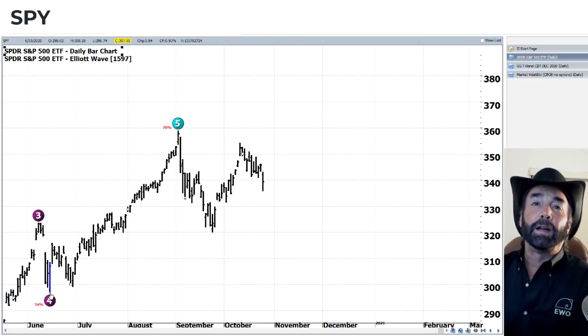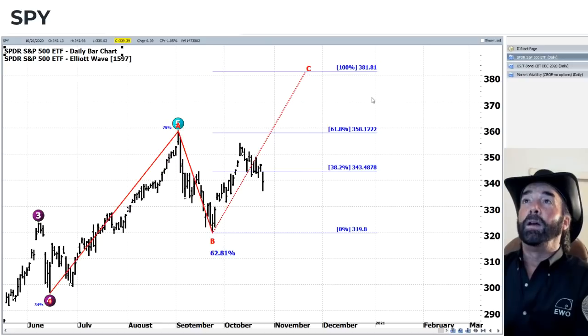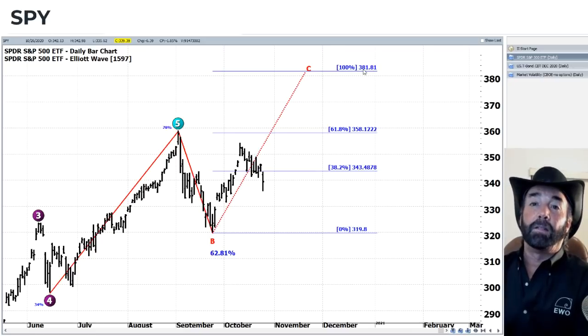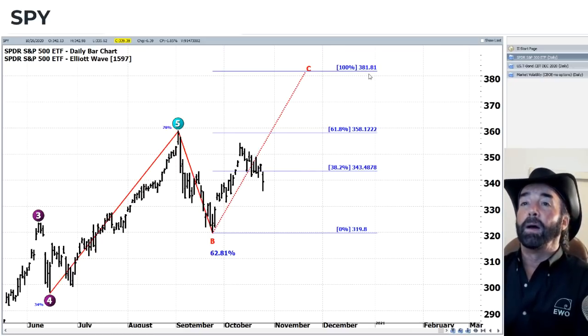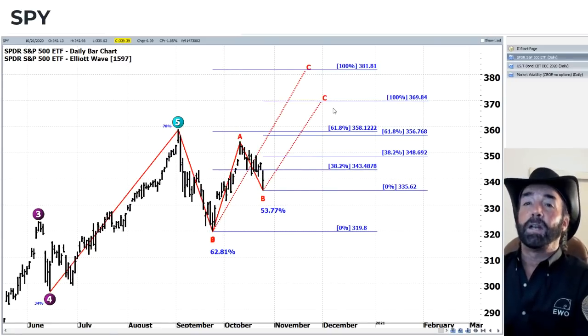It certainly didn't affect this larger zigzag pattern with that classic 61.8% B wave corrective level, and then giving us the C wave extension up to 100% right in that 381 level that we've been talking about. What was affected, however, is the complex C wave in that larger zigzag, where the corrective move in that B wave has come down, but look, right to 50%, still giving us a potential 100% C wave extension.